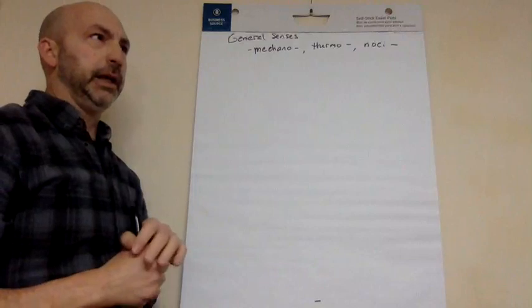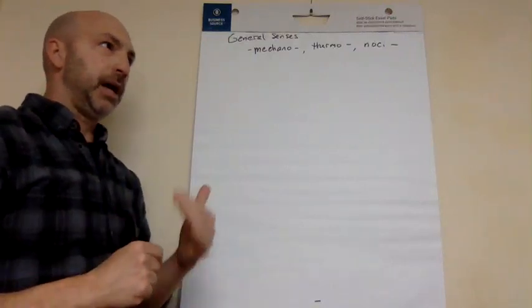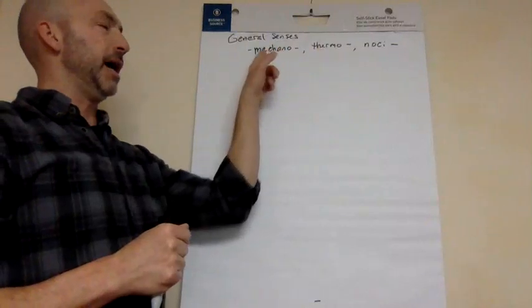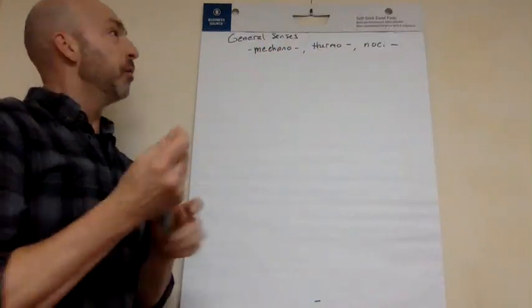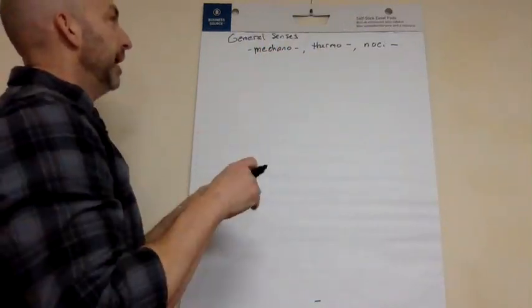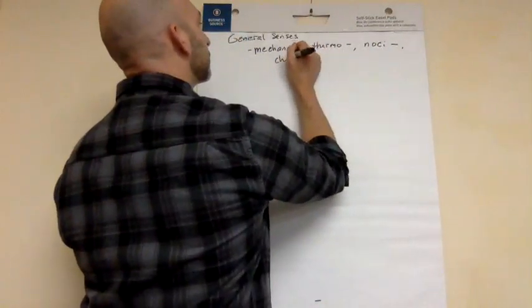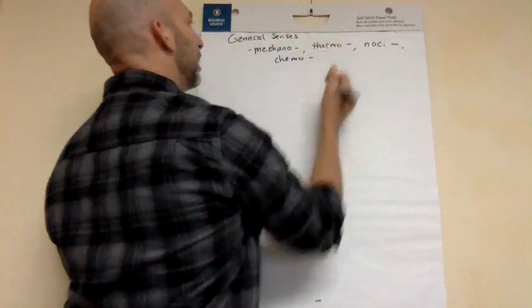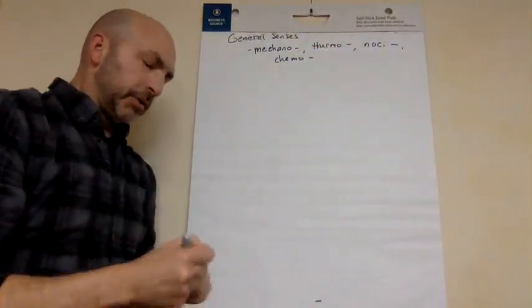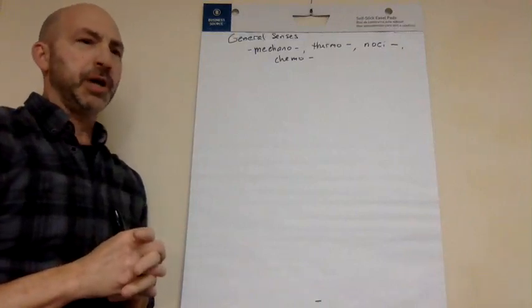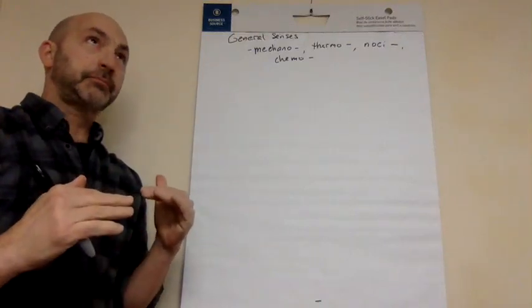There are subtypes of nociceptors that are both thermo and mechano, as well as chemo. Oh, sorry, I forgot chemo. And chemo is going to get thrown in here as well. Chemoreceptors. And so they're going to utilize a wide variety of receptor types.